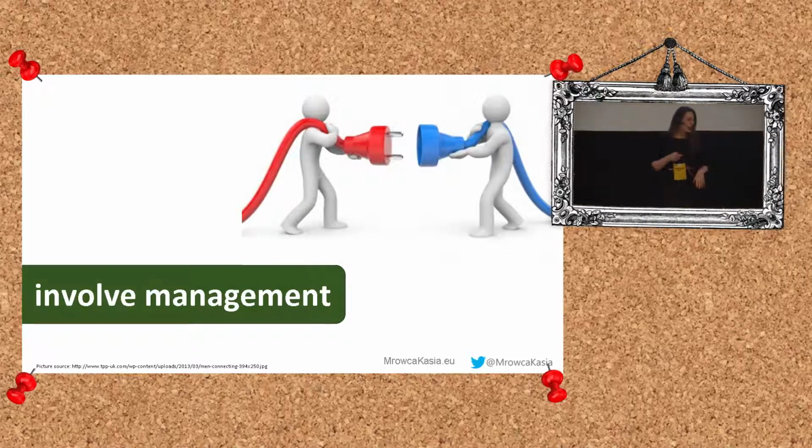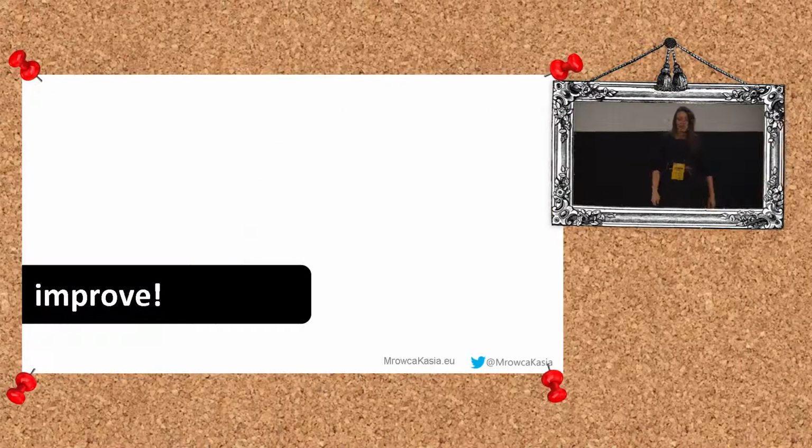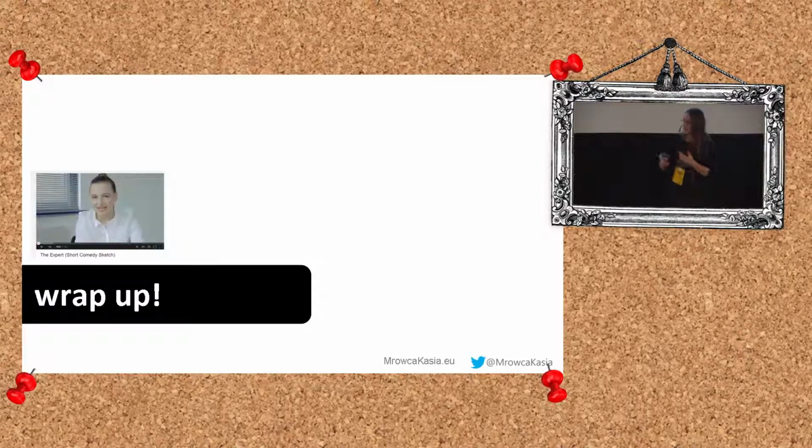Okay, because I'm running out of time, my message here is: don't be afraid to improve. Even if you fail, you can adjust. And also, to quickly wrap up, remember that we have to be a team together with our partners from the business side.